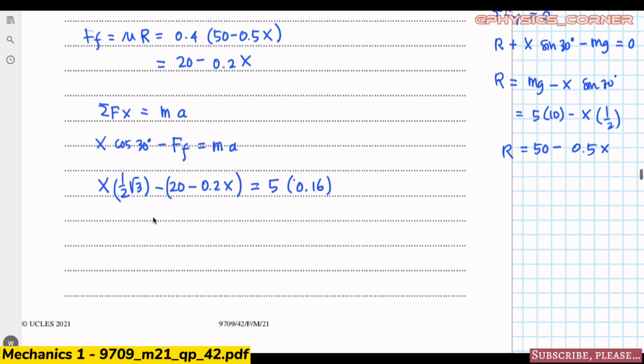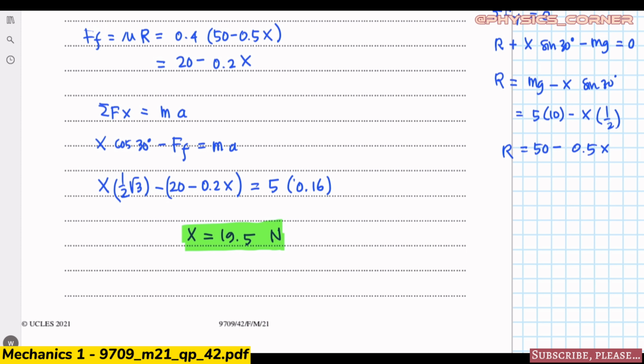Okay, this is about 19.5, so we get x as 19.5 Newton. That's it. I hope you understand this.